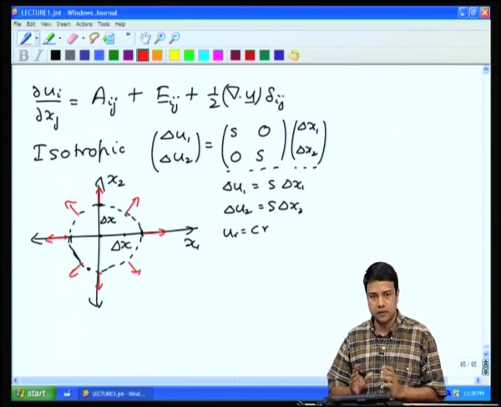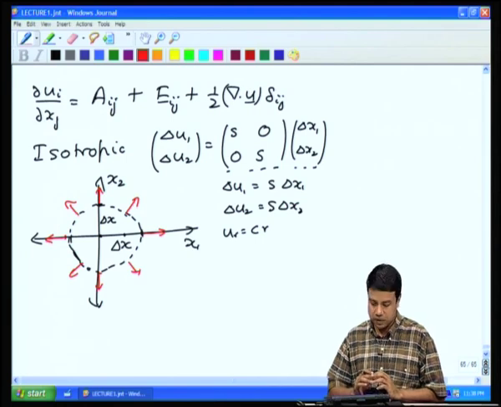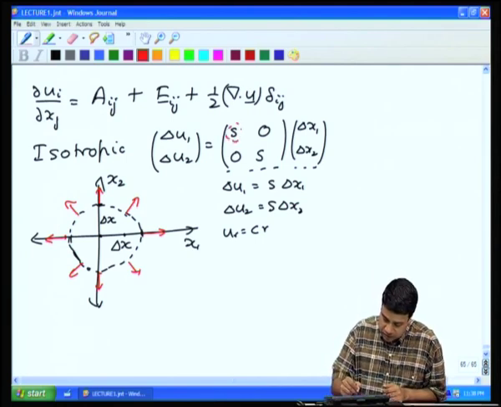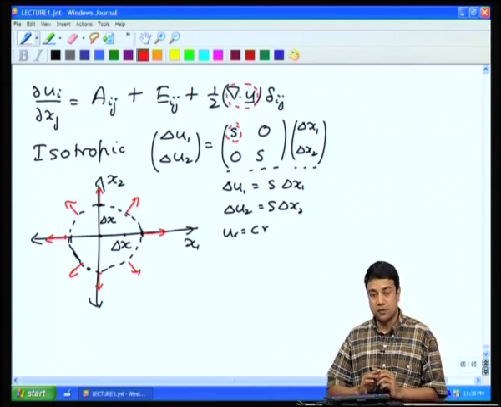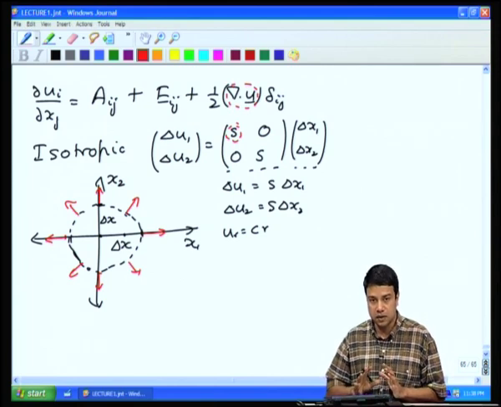So, the velocity profile due to this isotropic part of the rate of deformation tensor is always radially outward. No surprise, because this coefficient s was equal to the divergence of the velocity field, and I told you that the divergence is non-zero only if there is a radial outward or inward flow. If there is a radial outward flow, then the divergence is positive.